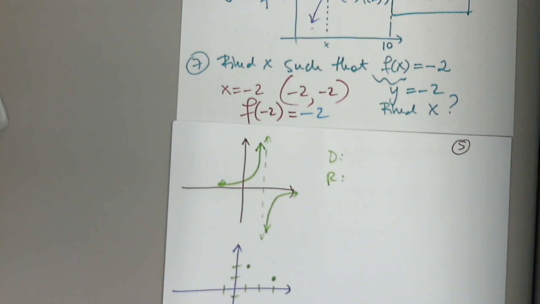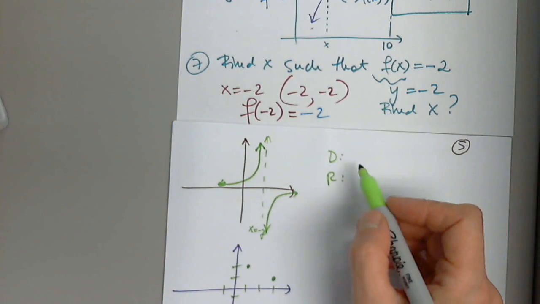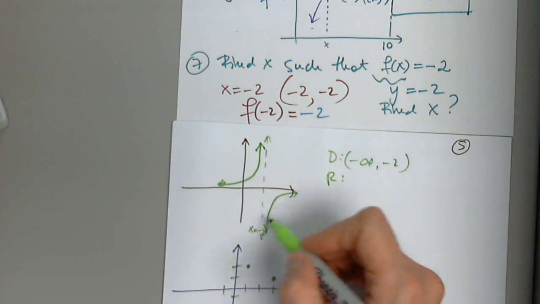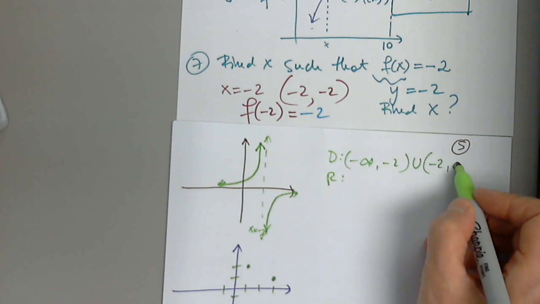Remember, from the leftmost point where the function exists. Now let's give this a number. Very good, awesome. So indeed, negative infinity to negative 2, I picked negative 2, union negative 2 to infinity.